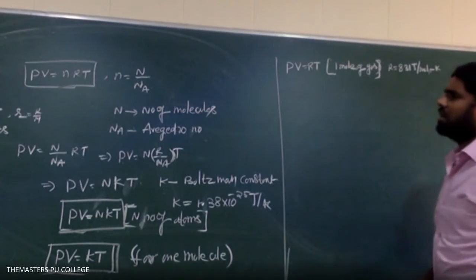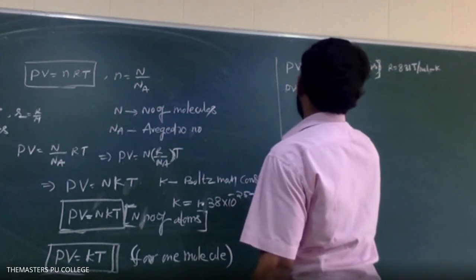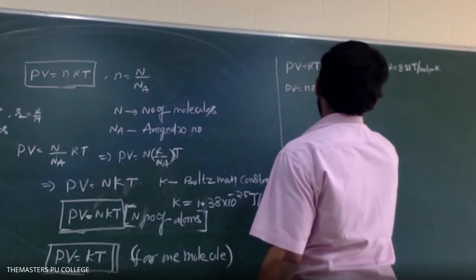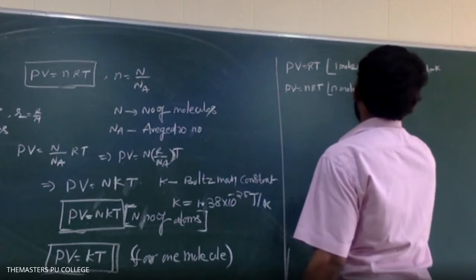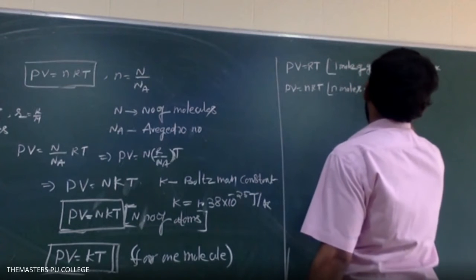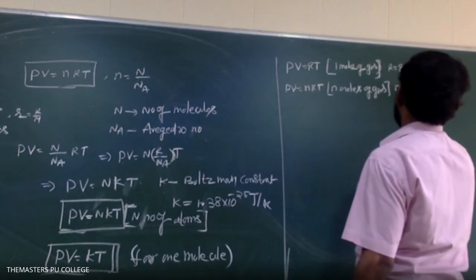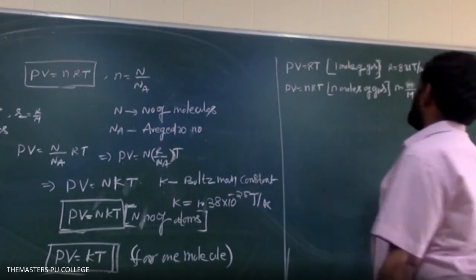And for n moles of gas, we can write PV equals nRT, where n is the mass divided by the molecular mass of the gas.